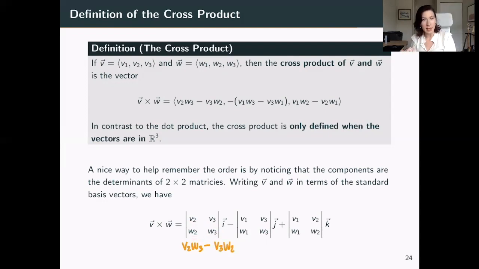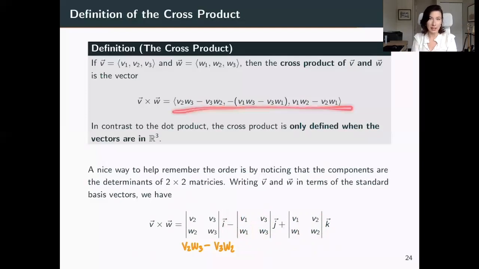We do the same thing for the other component, my Y component: V1 times W3 minus V3 times W1. And finally, V1 times W2 minus V2 times W1. Always be careful that there is that negative that is going to pop up in the Y component of our vector.